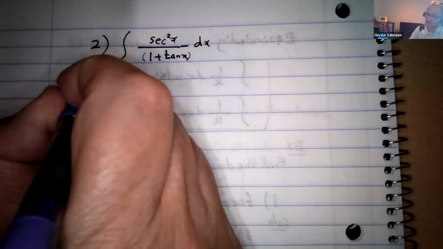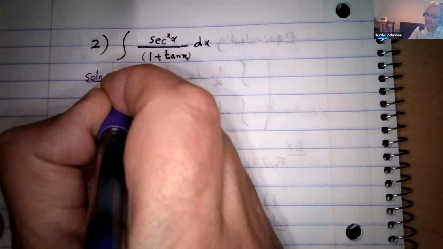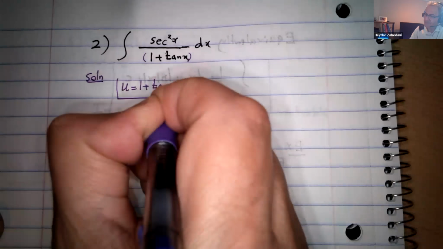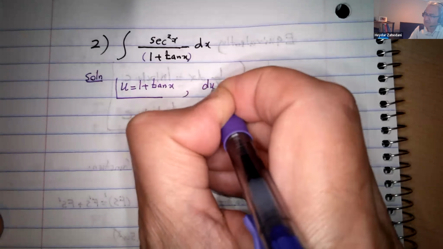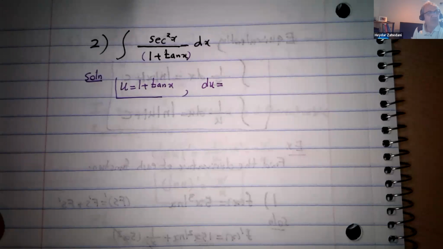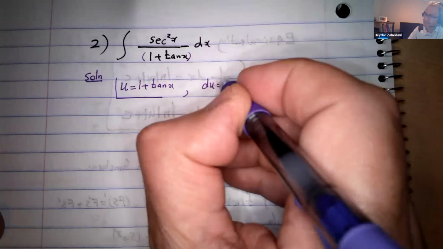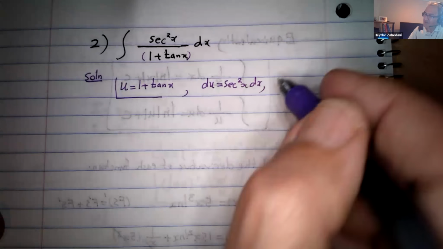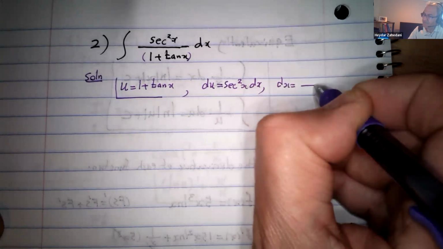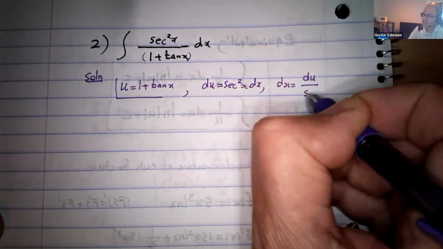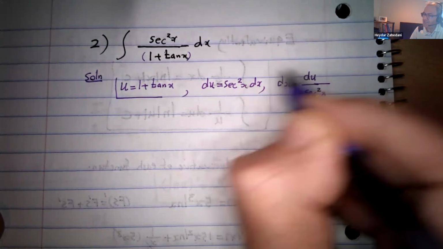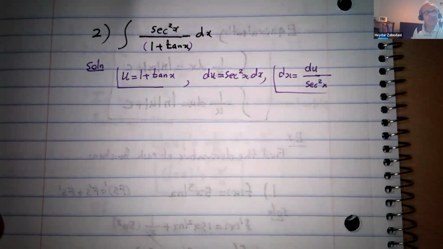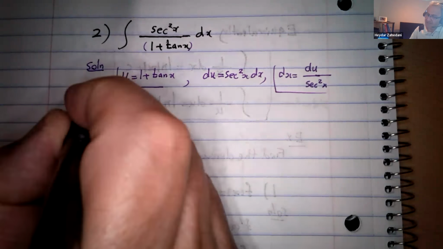But if you want to go the long format, you take the u to be 1 plus tan x. You have to find the du. Derivative of 1 is 0, derivative of tangent is secant squared dx. You have to find the dx, which is du over secant squared of x. Go back, substitute. So what do we have?